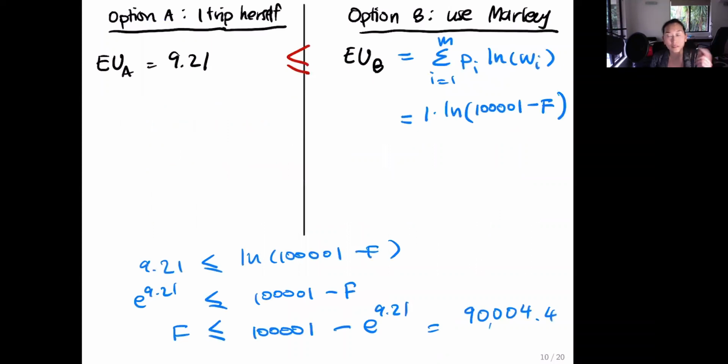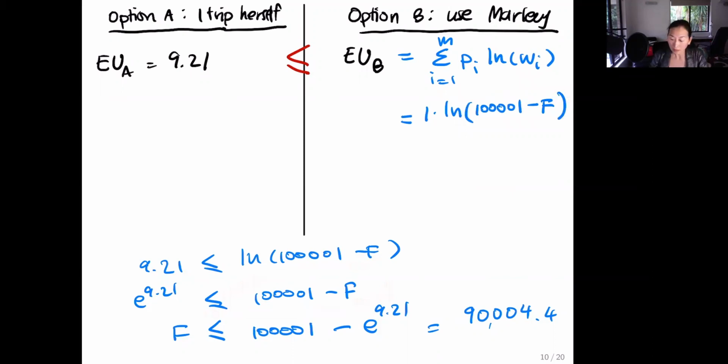Did you notice that? This is a certainty equivalent. You need this much amount to be indifferent between the uncertain and the certain. So pretty much this is a certainty equivalent, if I just put the equal sign here.